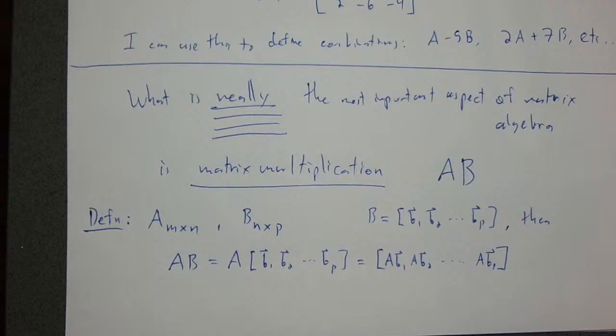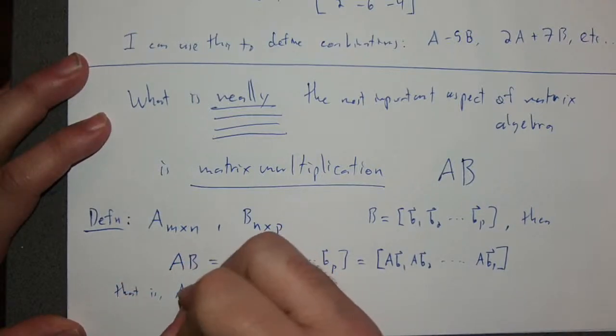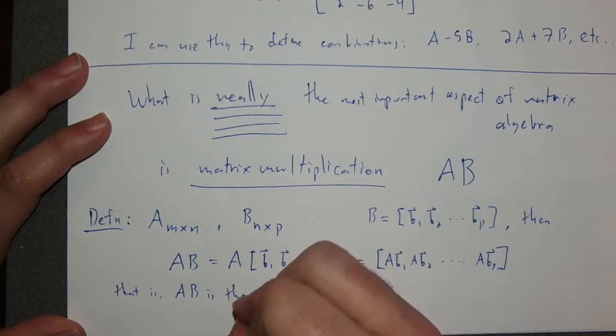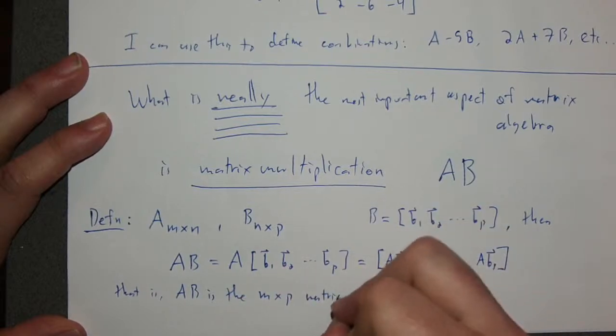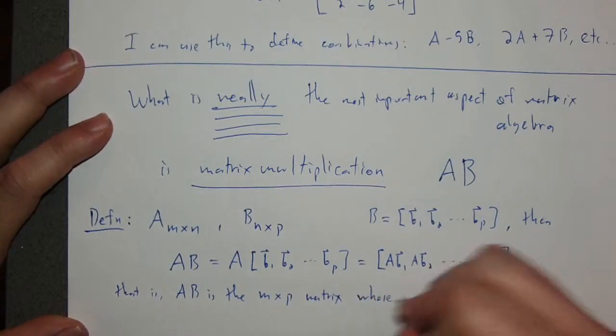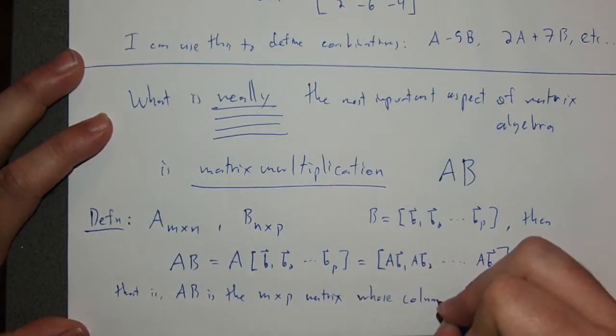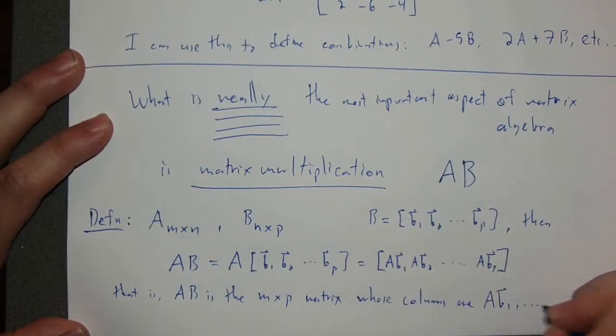That is, AB is the m by p matrix whose columns are AB1 through ABp.